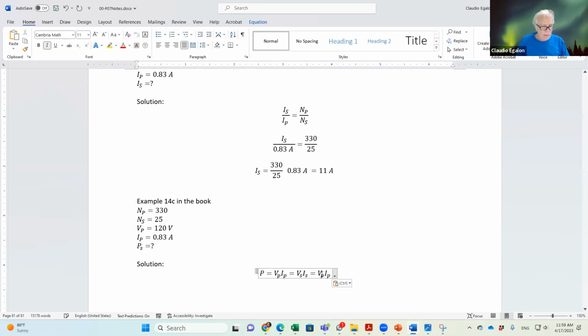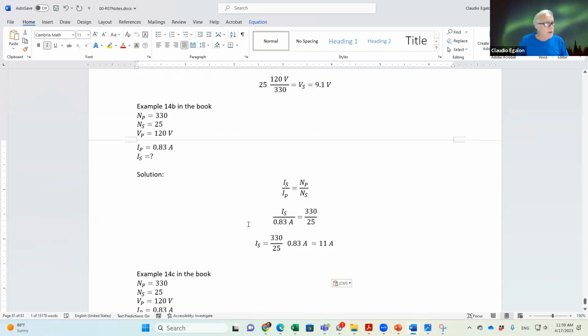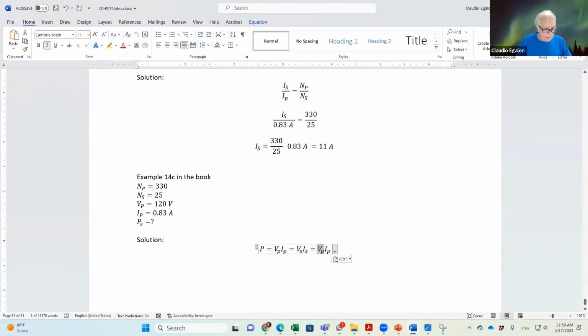Doing that for this one, V in the primary that we found before, 120, and 0.83 amps. That can be either way, right? 120 times 0.83, what do we get?